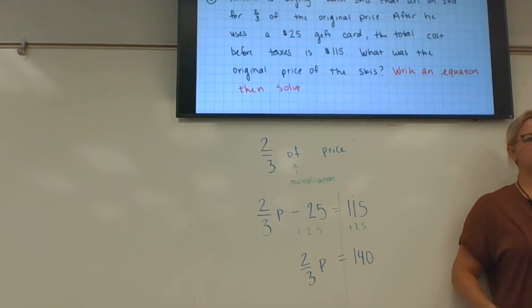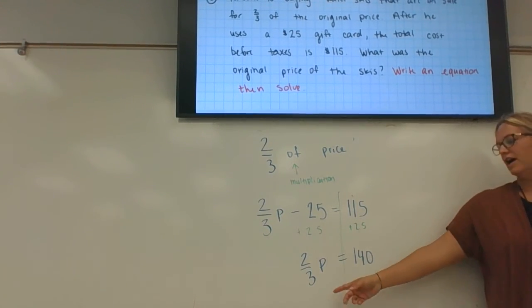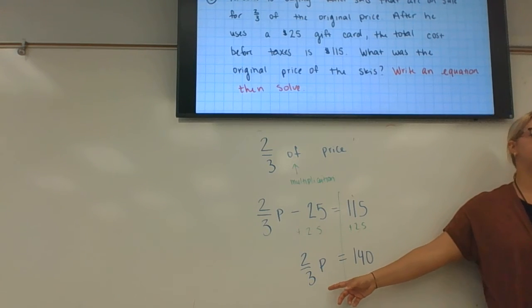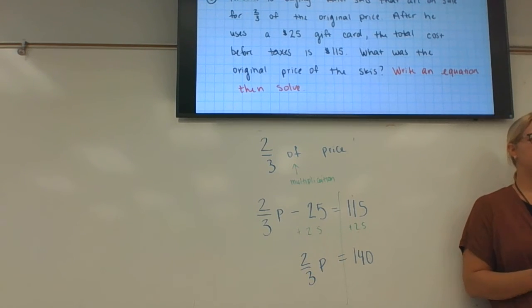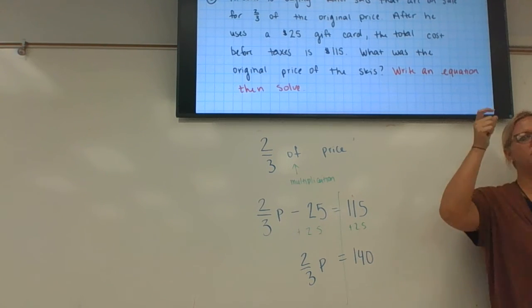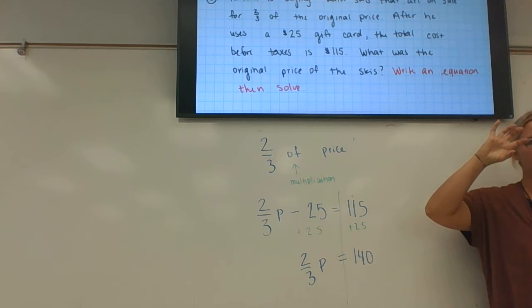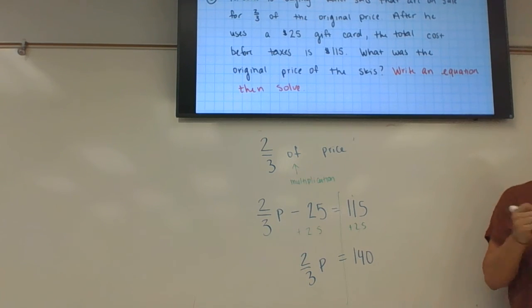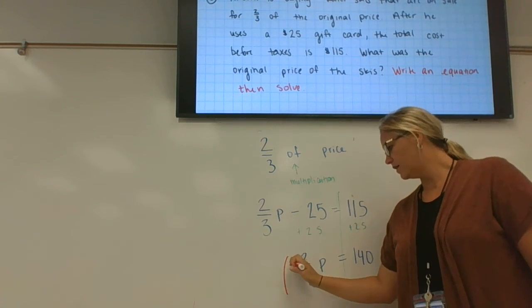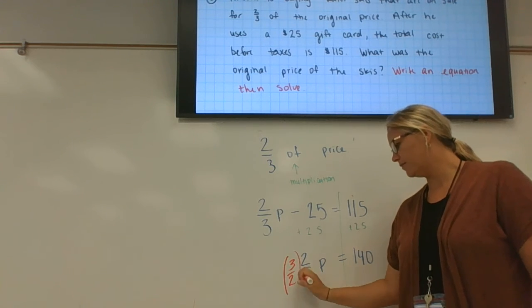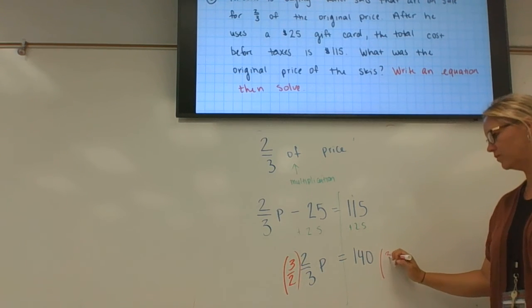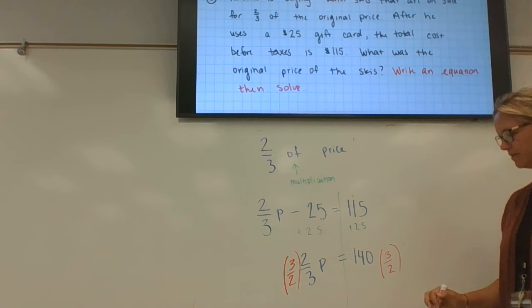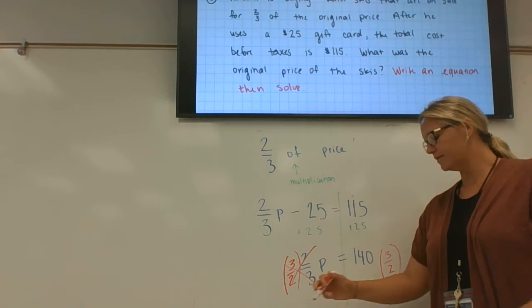How do you get rid of this fraction next to this p here? By what? 3/2. Like if it's a full fraction, you can just flip it and do it on both sides. We're gonna take care of that fraction all in one move. Multiply by the reciprocal.